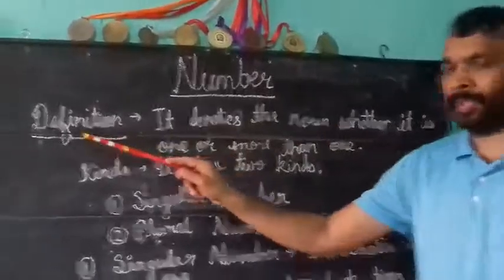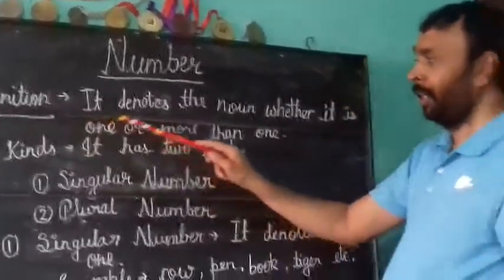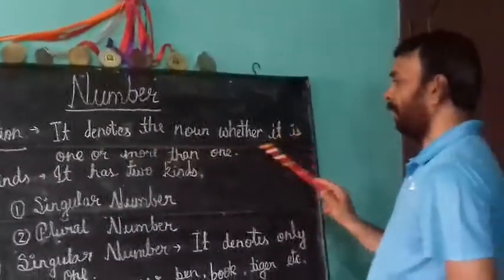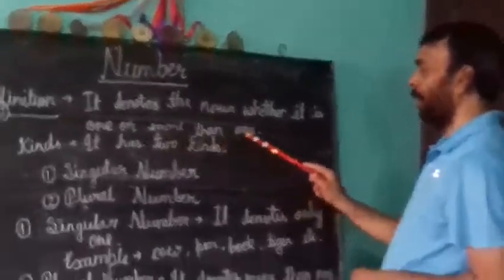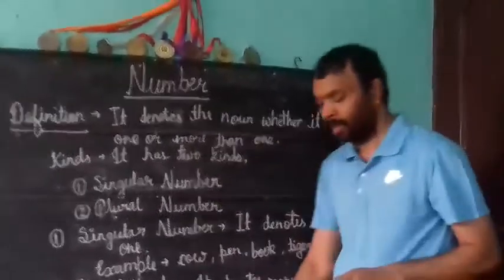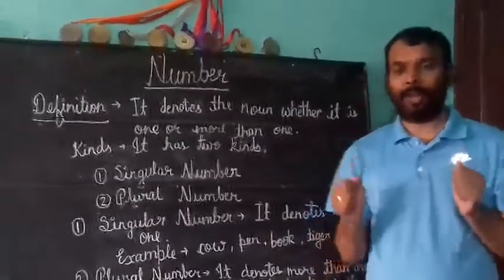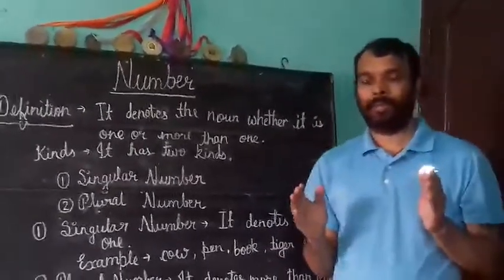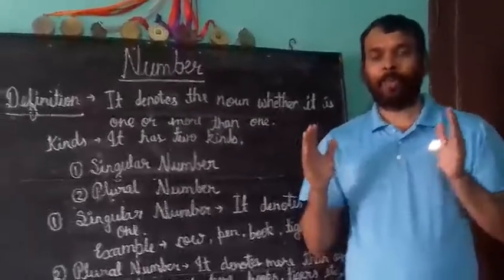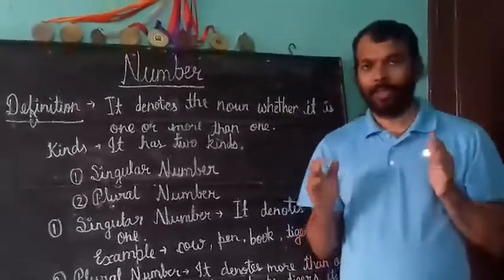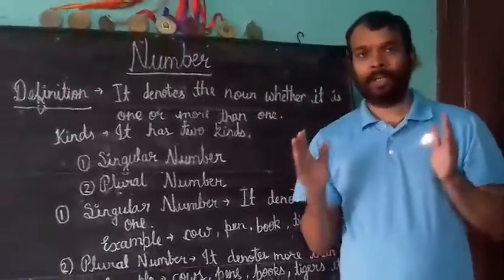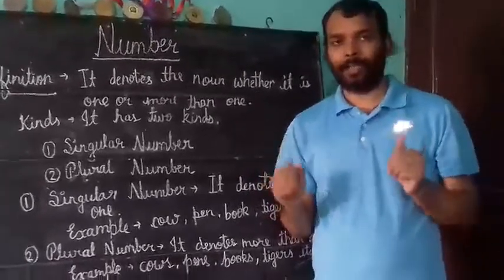We should see the definition of number. It denotes the noun, whether it is one or more than one. In earlier classes, we have read about noun. There are four pillars of noun: number, gender, case, and articles.